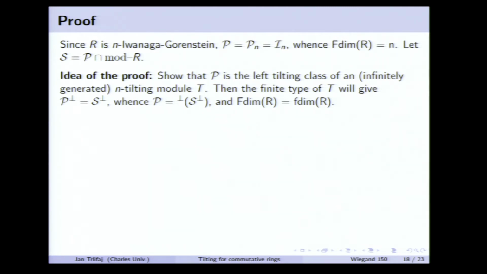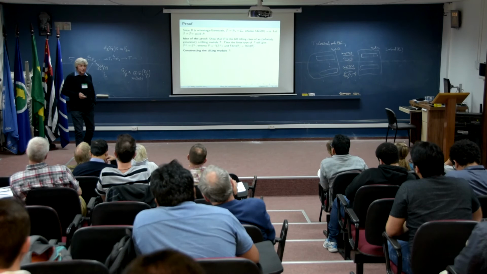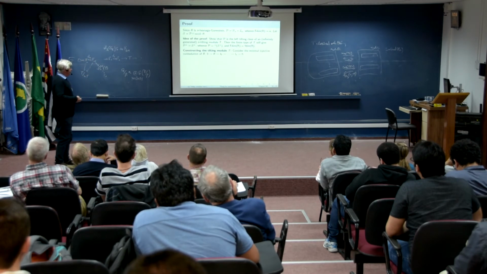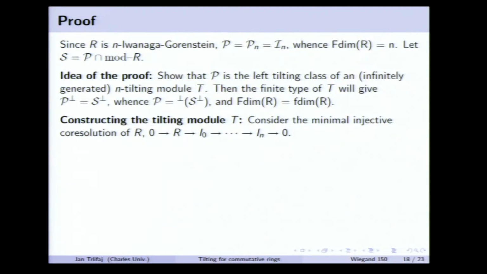Once you prove that this is a tilting class. So how do you prove it? You just have to have some idea what would be the tilting module here, and you just take the minimal injective co-resolution of the regular module, which looks like this, the injectives I0 to In, and sum these injectives up.